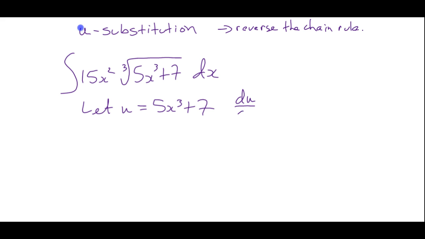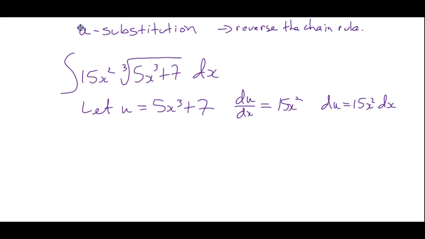We could say du by dx is equal to 15x squared, and we'll write that in differential form. Although this isn't really a fraction and you can't really multiply, you can write du is 15x squared dx. From now on, when we say u is this, we'll go straight to du is 15x squared dx.